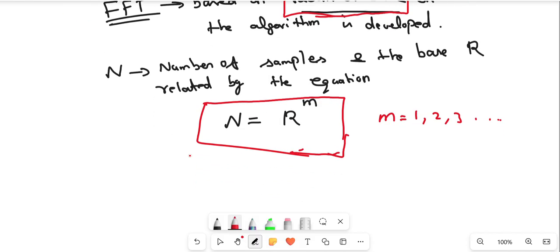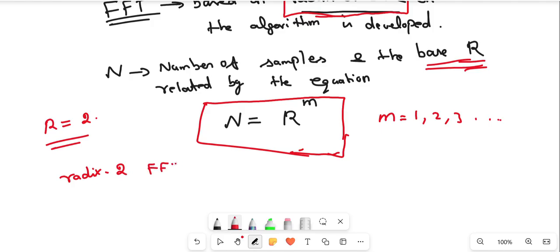For example, if you take r equal to 2, the popular radix, we say radix-2 FFT.